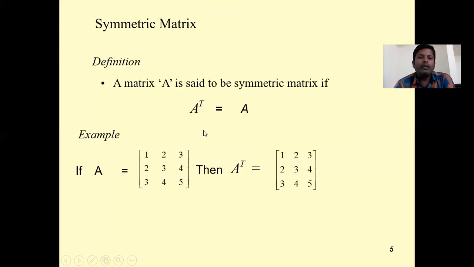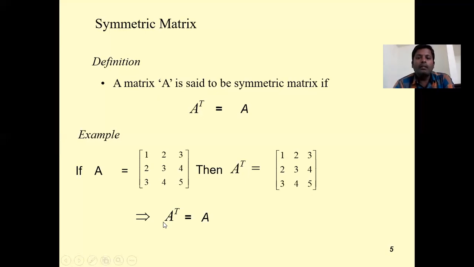If A is equal to 1, 2, 3; 2, 3, 4; 3, 4, 5, then A transpose is equal to 1, 2, 3; 2, 3, 4; 3, 4, 5. How to write the A transpose? We have to interchange rows and columns. The actual values do not change, but the transpose means we interchange rows and columns.